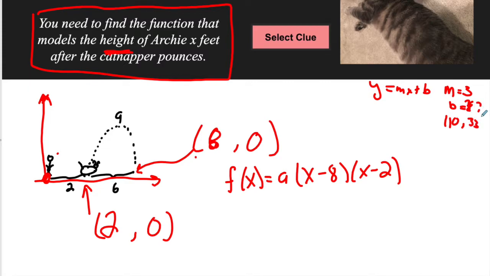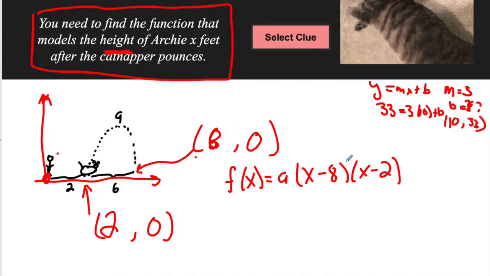So this is a question mark. What does b have to be? Well, what you did was you plugged in the m, and you plugged in 10 for x, and 33 for y, and you tried to solve for b.